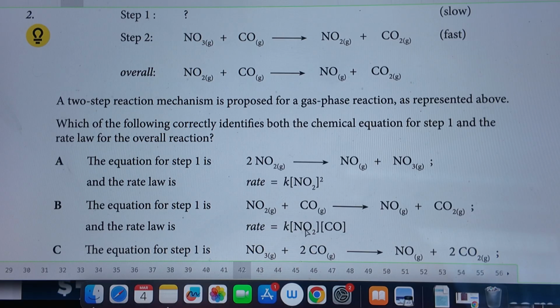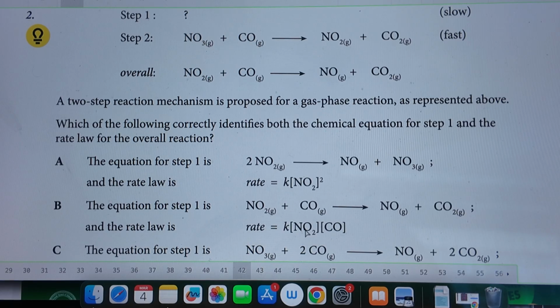Which of the following correctly identifies both the chemical equation for step 1 and the rate law for the overall reaction? So they don't give us step 1 at all. So they want the chemical reaction for step 1. So we kind of got to work backwards.